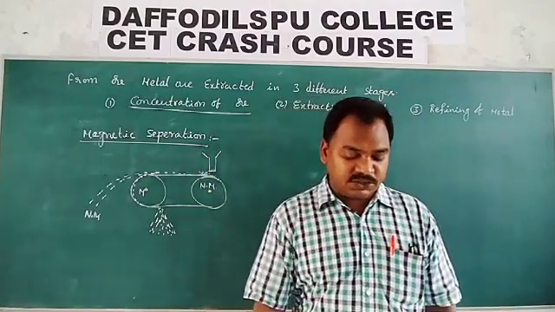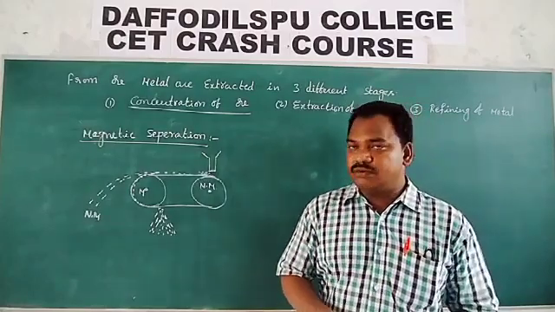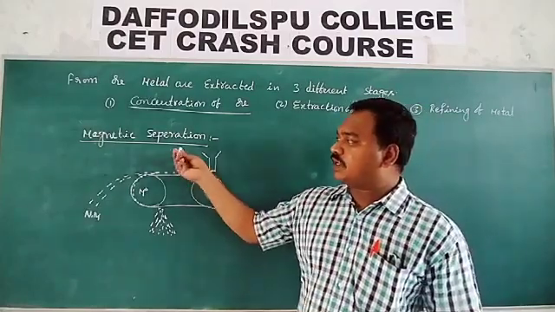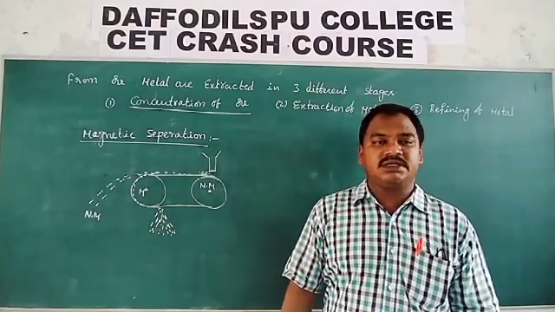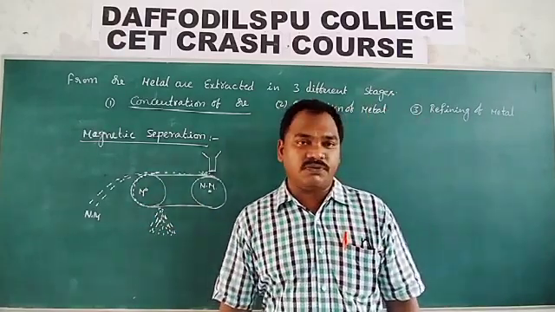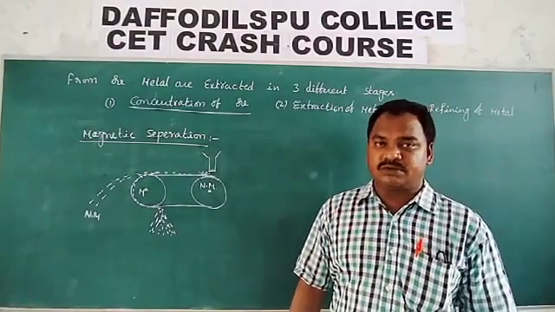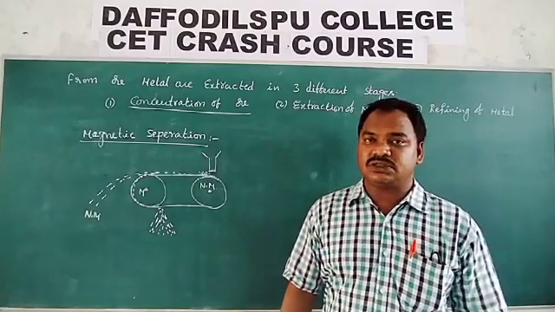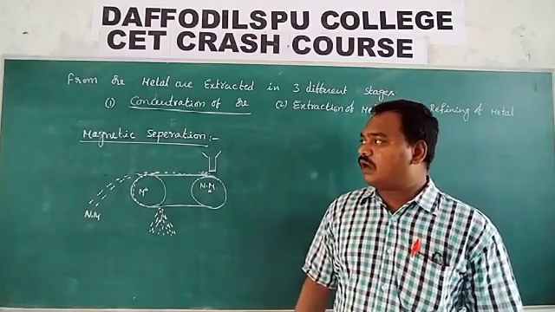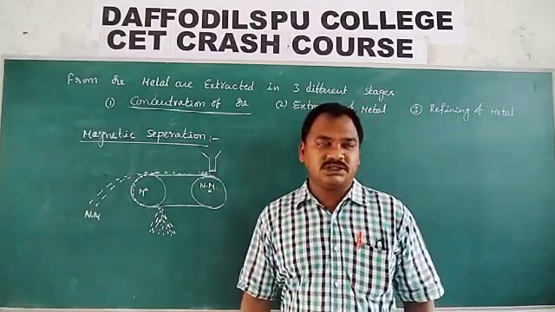This magnetic separation is majorly used for the purification of cassiterite ore, also known as tin stone. It is the ore of tin, tin dioxide.